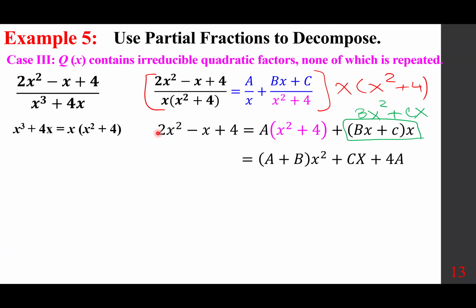X², what is the coefficient? Coefficient is 2. So this must be 2. A plus B is 2. C must be -1. 4A must be 4. So that's really simple. There's really not much you have to do. So C is given.